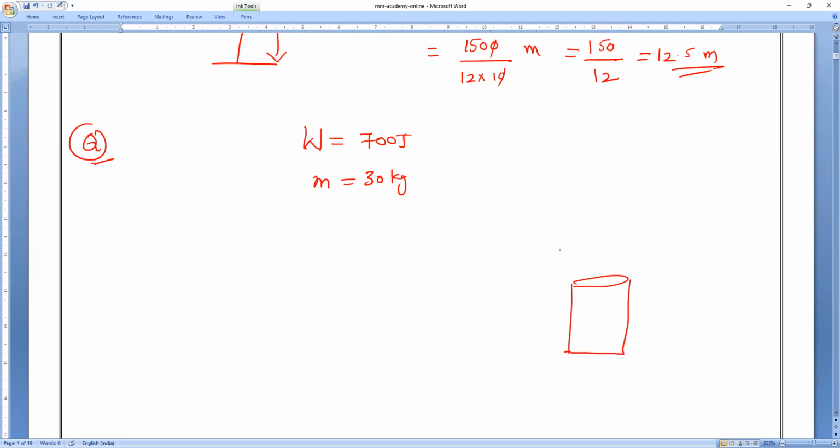The woman is standing and she has brought up a bucket of 30 kg water, and she has done 700 joules of work. What is the depth she has raised it up? That is the question. What depth up to which the bucket is raised by her in the well? Take g equal to 10 meter per second square. This is the question. So what is the answer, everybody?